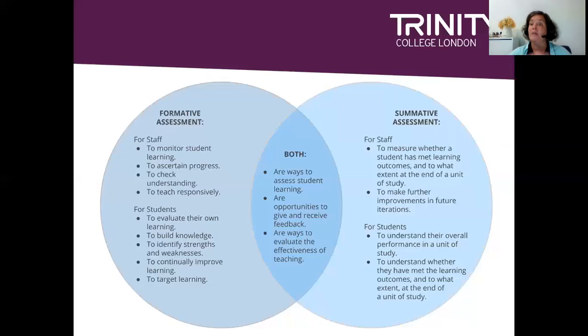So it's not ongoing like formative assessment, it's summative. It's at the end, to actually check or assess if what has been taught and learned throughout a lesson or throughout a sequence of lessons or throughout a unit has been achieved by students.